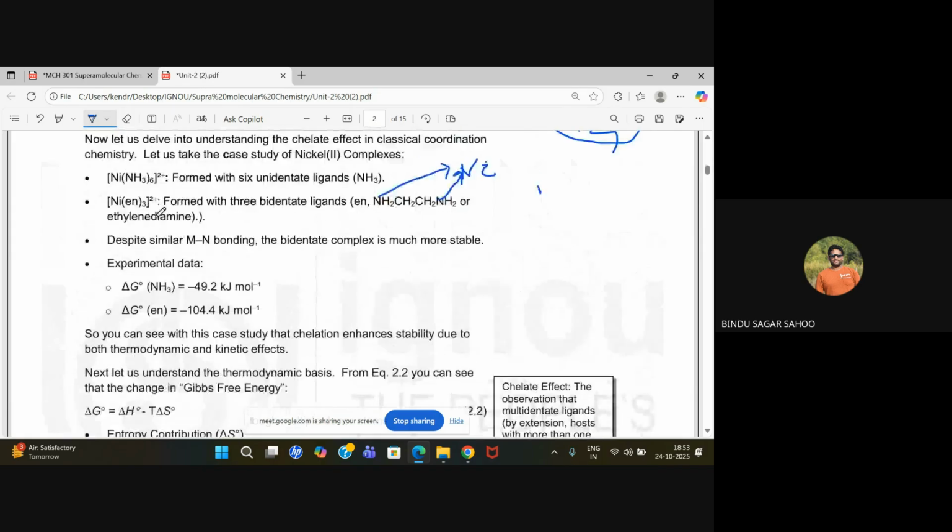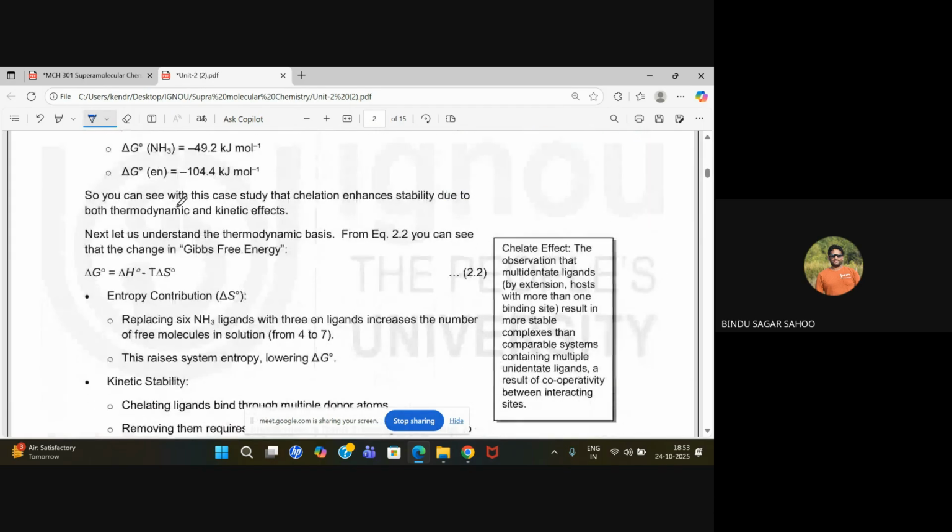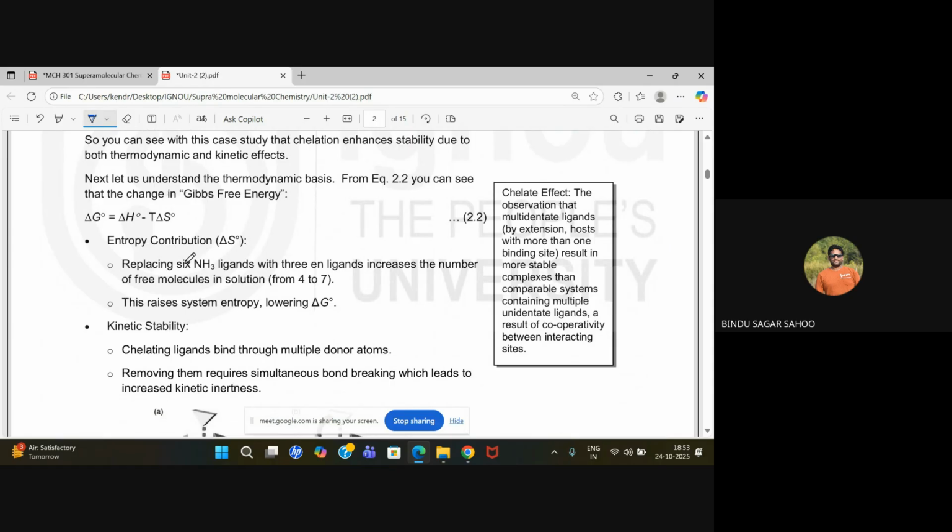In the upper complex, the [Ni(NH3)6] complex, replacing the six NH3 ligands with the three en ligands increases the number of free molecules in solution.